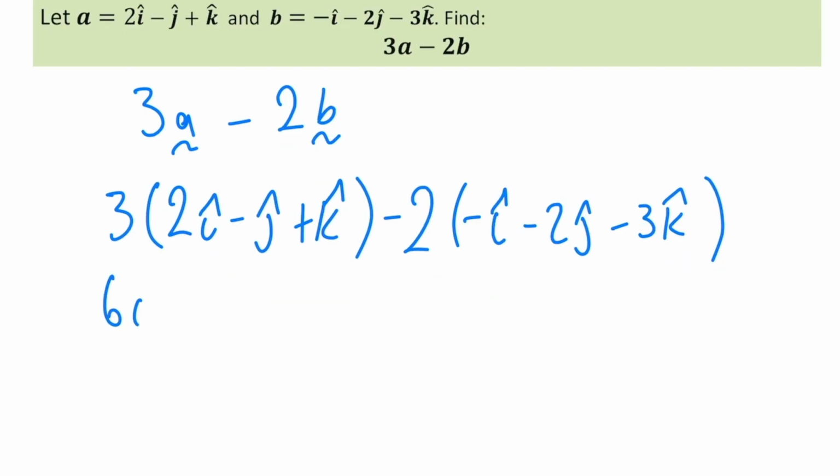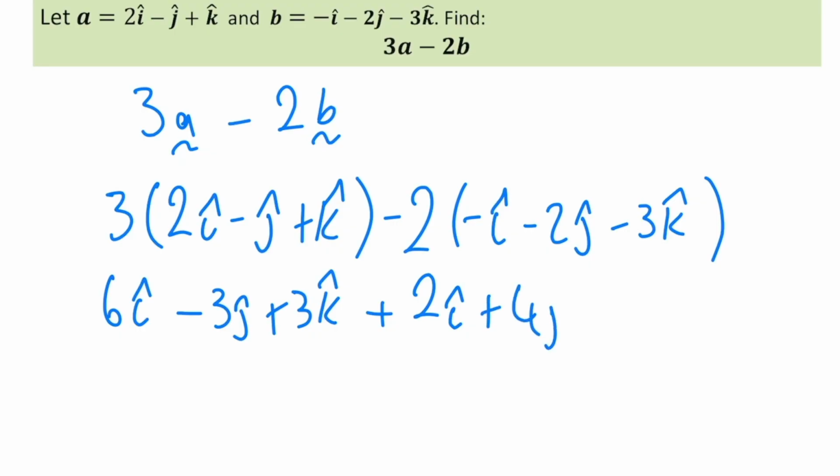That's going to be 6 lots of i minus 3 lots of j plus 3 lots of k minus, well, negative 2 times negative i is actually going to become plus 2i. And then minus 2 times negative 2 again is going to become plus 4j. And minus 2 times negative 3 is going to become plus 6k.